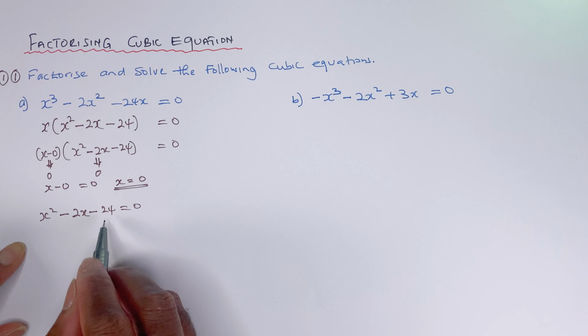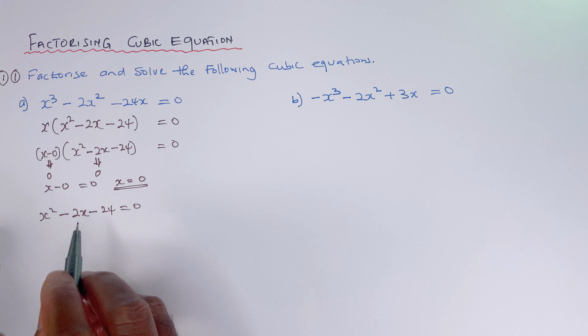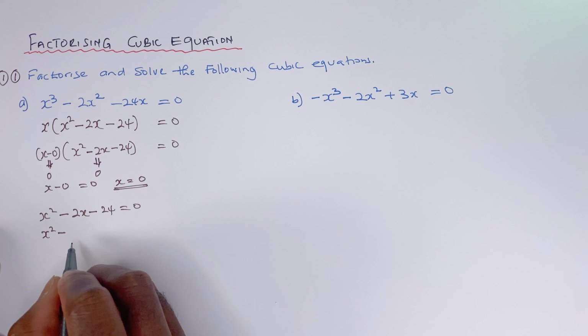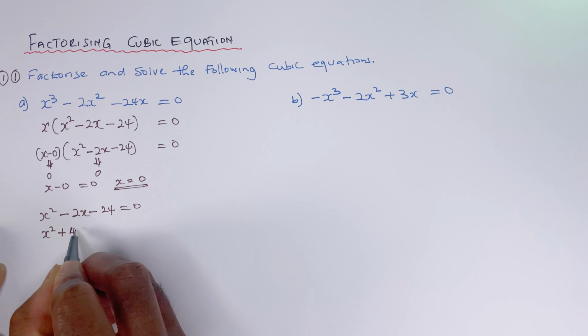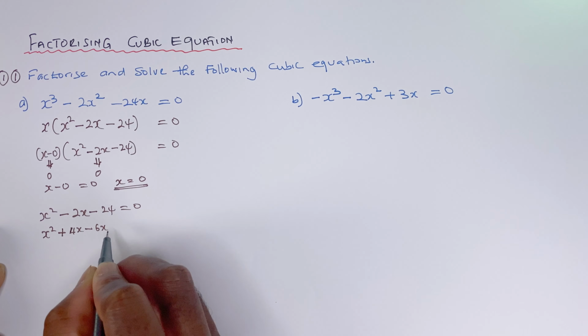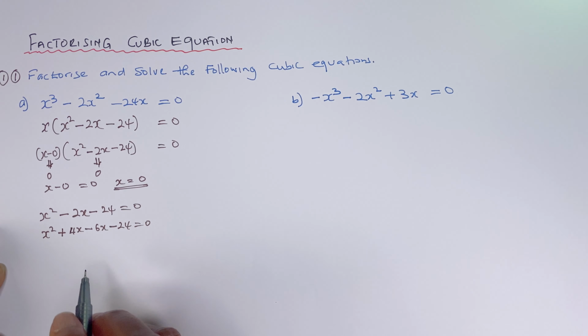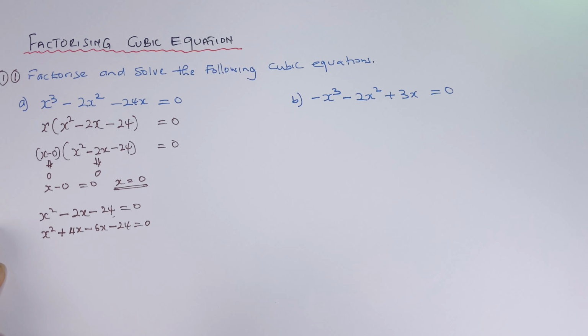This is factorizable because AC is minus 24, and 4 and 6 will do it. So if I have x squared plus 4x minus 6x minus 24 equal to 0, because 4 times minus 6 is minus 24.